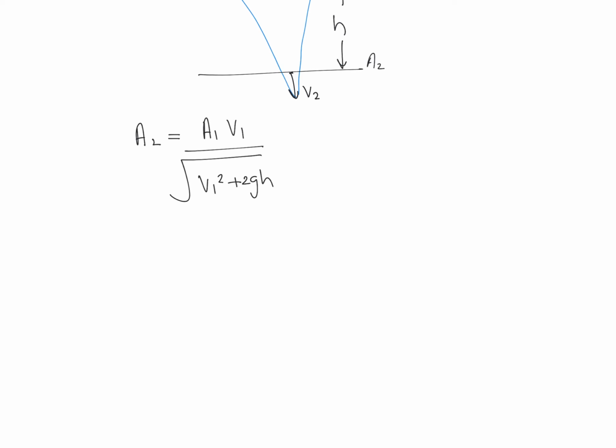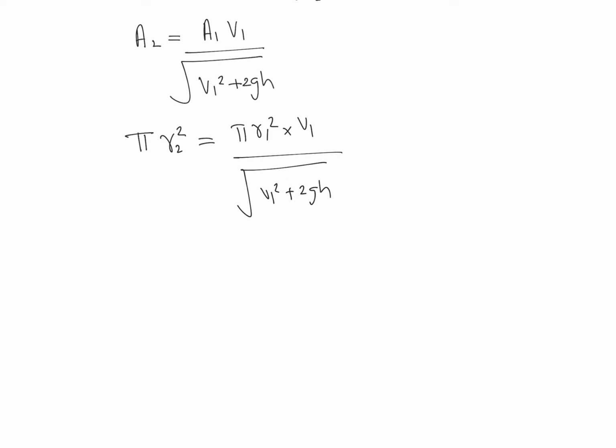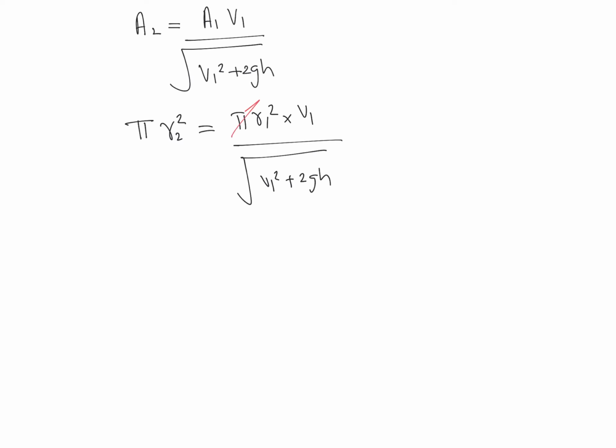But in this question, they're asking to find out the value of diameter. So area can be written as pi r2 square, which is equal to A1 written as pi into r1 square into V1 divided by under root of V1 square plus 2 into G into H. So we can cancel this pi and this pi. Our aim is to find out the value of diameter, so we can write in terms of diameter, that is d2 square.